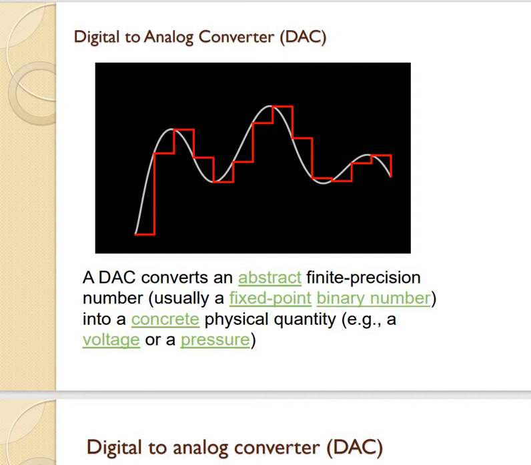The function is the same, but reversed. ADC converts analog to digital, DAC converts digital to analog. So basically the DAC converts an abstract finite precision number, the red one, usually a fixed point binary number, into a concrete physical quantity, for example voltage, current, or it can be pressure also.